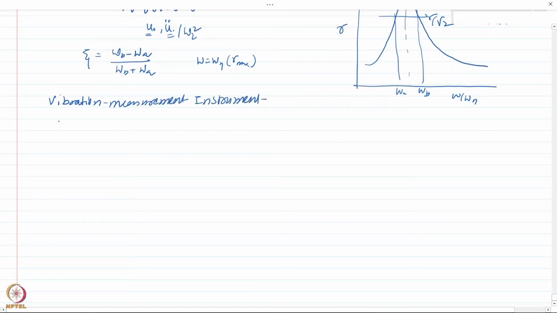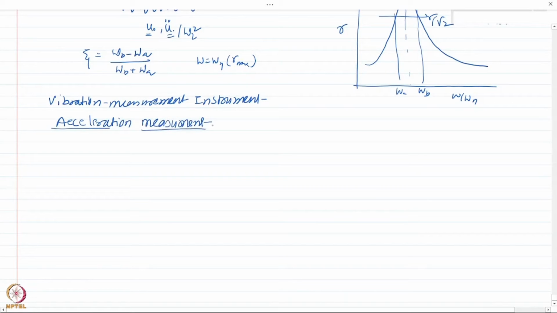We are going to discuss acceleration measurement devices, commonly called accelerometers. So we'll first talk about acceleration measurement.